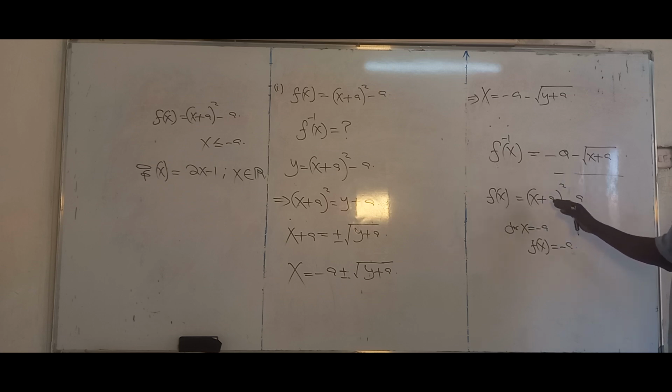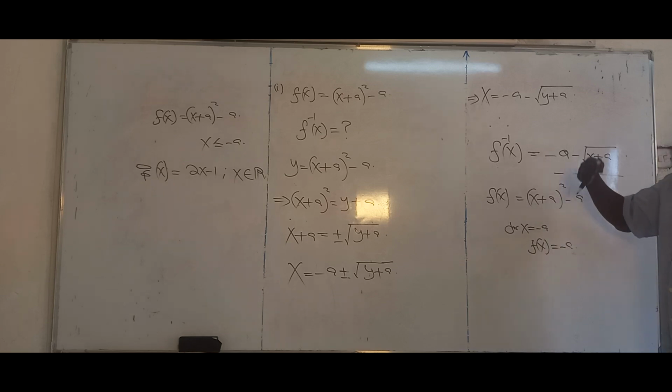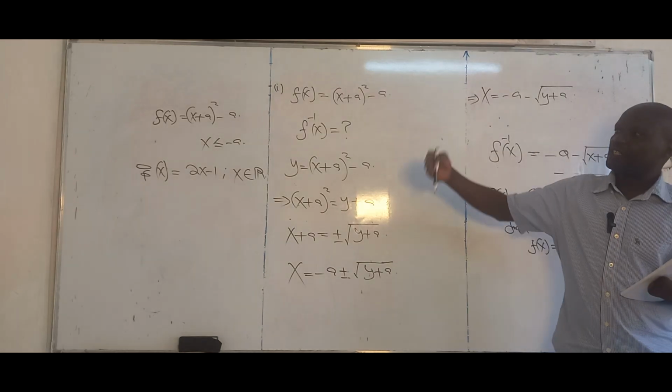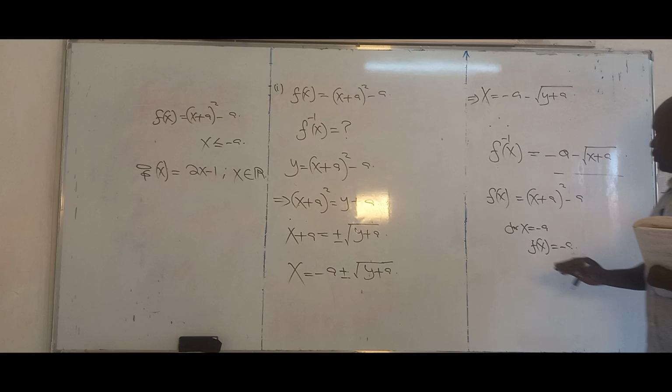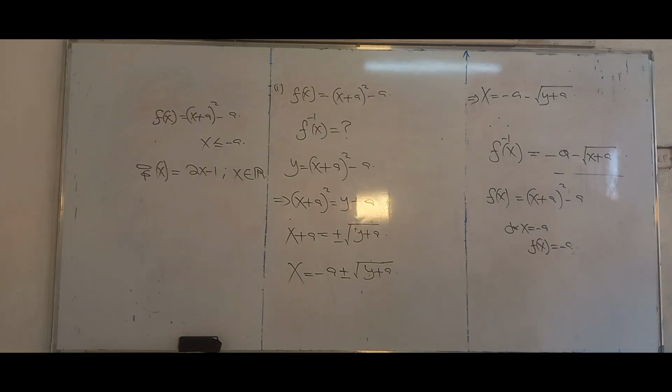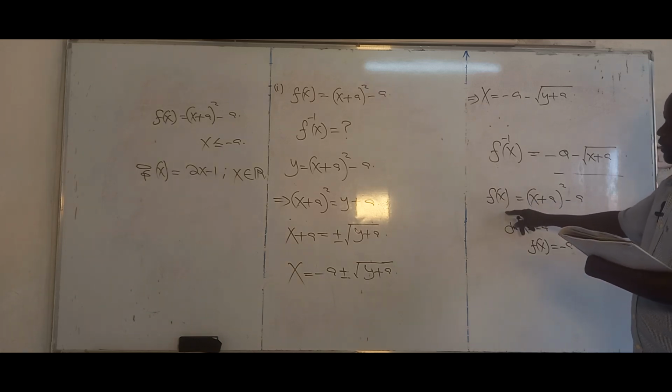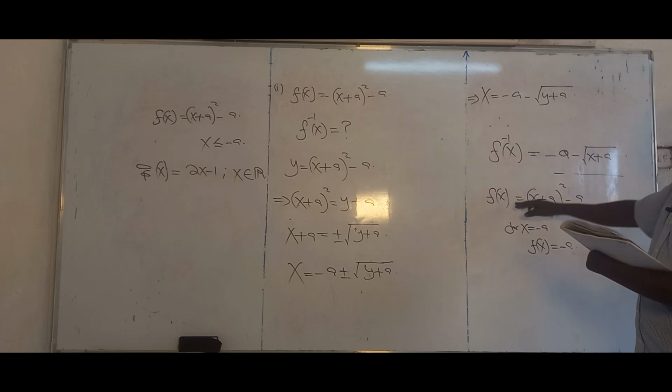All we know is that it can take values which are less than minus a. So if we said a is minus 1, then x will definitely assume values from -2, -3, -4 and so on. In that particular case, this f of x becomes bigger. It's getting bigger.